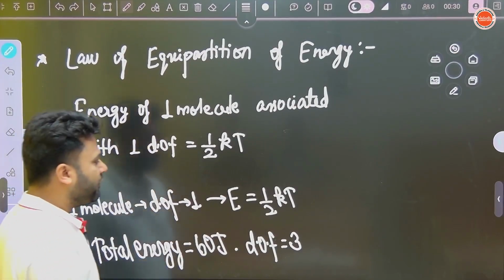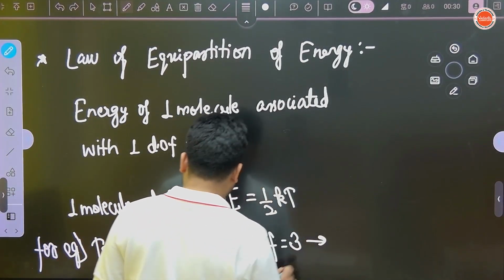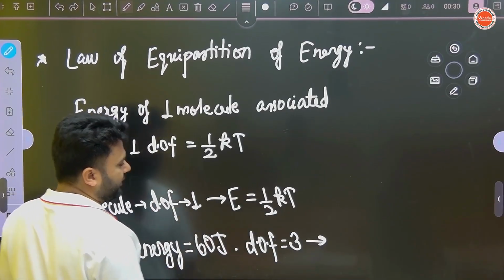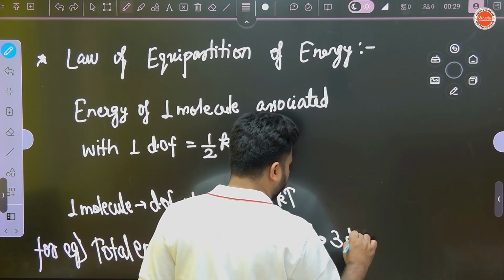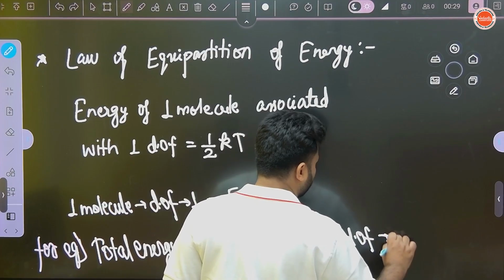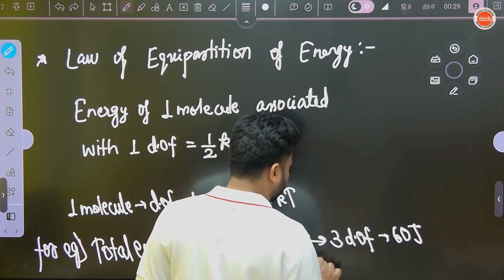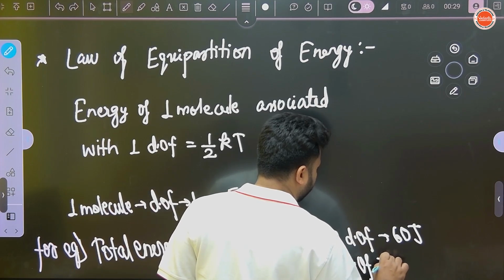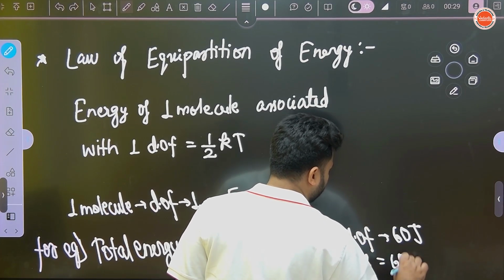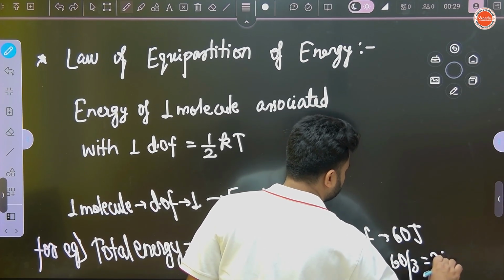So each degree of freedom will have 20, 20, 20. So 3 degrees of freedom has 60 joule, means the energy associated with 1 degree of freedom will be 60 divided by 3, that is 20 joule.